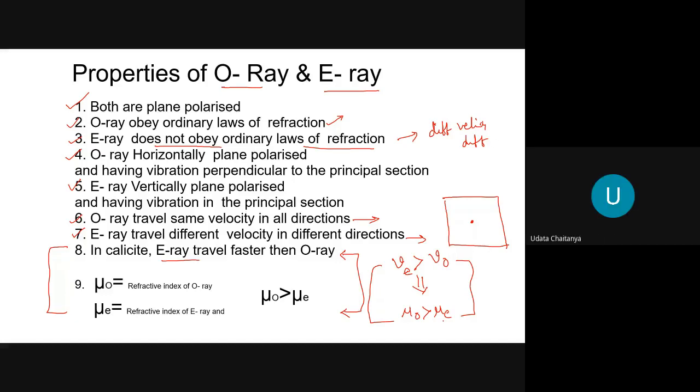Sphere inside the ellipse, because your extraordinary ray is traveling faster, so as a result you are going to get the ellipse first. The ellipse travels faster, and your sphere travels at lesser speed. I'll show the original image, it will be more clear for you.